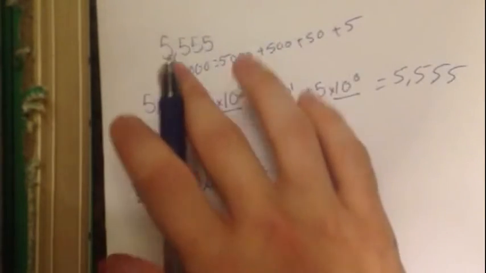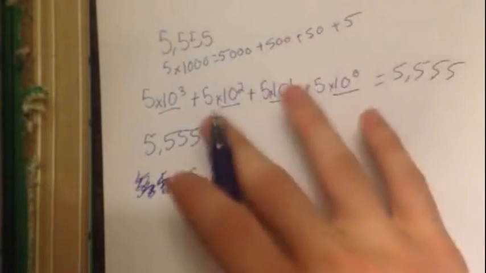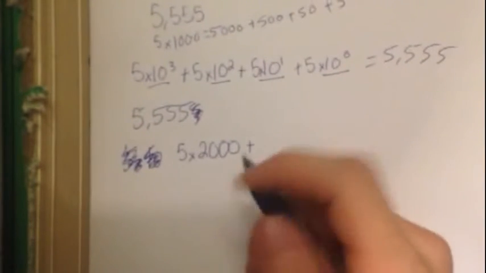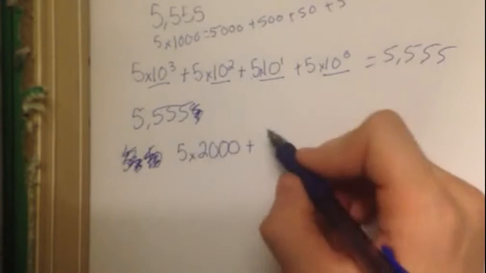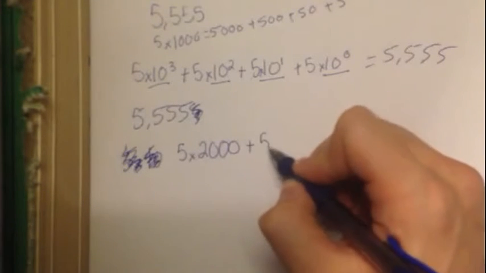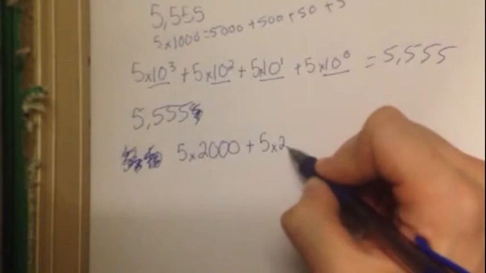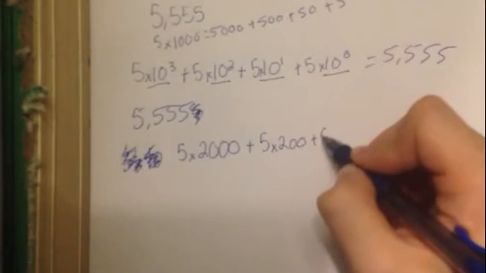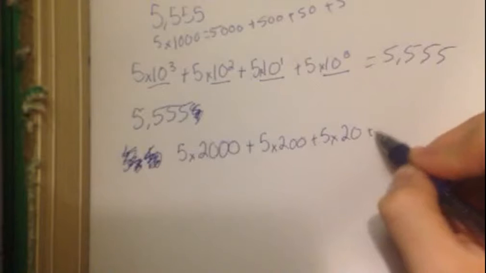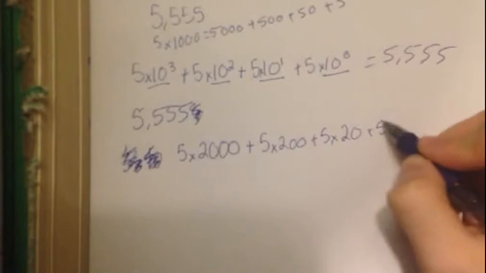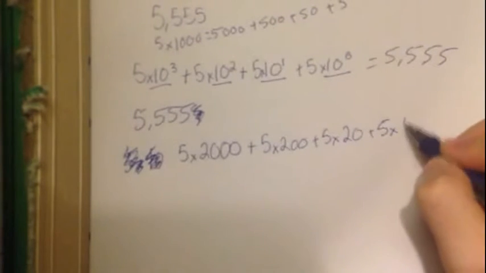That's what that number really represents, is each place value. And that's why that 0 is so important. So if we keep writing this one out, it'd be 5 times 200 plus 5 times 20 plus 5 times 1.